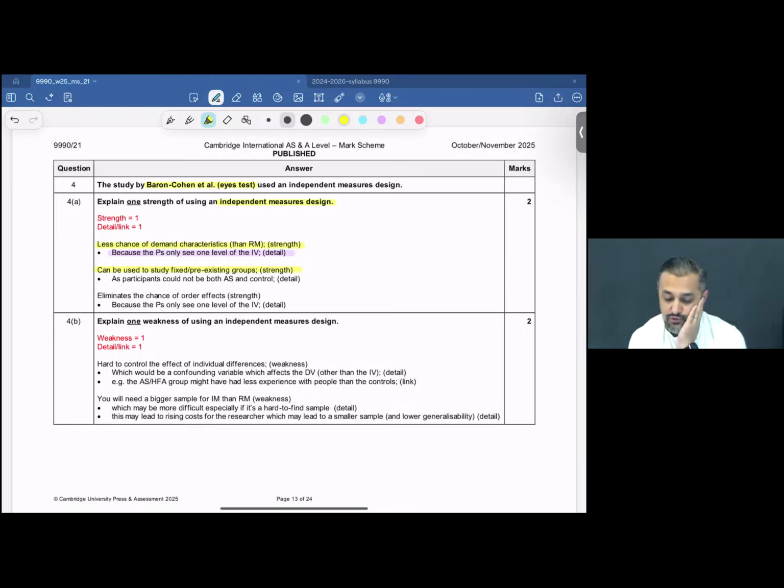Collectively, you refer to them as autistic people. It isn't possible to be autistic and not autistic at the same time. Groups 2, 3 and 4 included individuals who were not autistic. You'd either be autistic or not; you can't be both. This eliminates the chance of order effect.